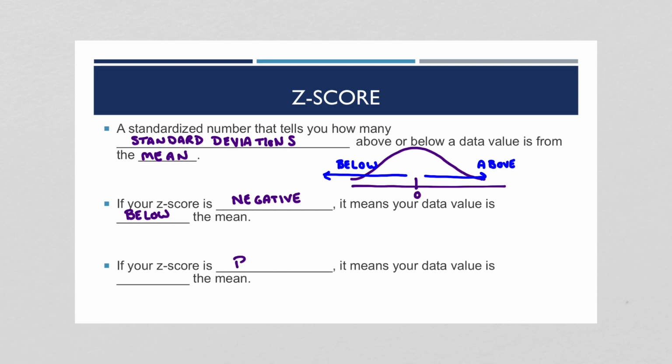If your z-score is positive, it means your data is above the mean. And again, please feel free to reference the picture that I've drawn here. If you want to add this as well, you can note: below means to the left. Above means to the right.